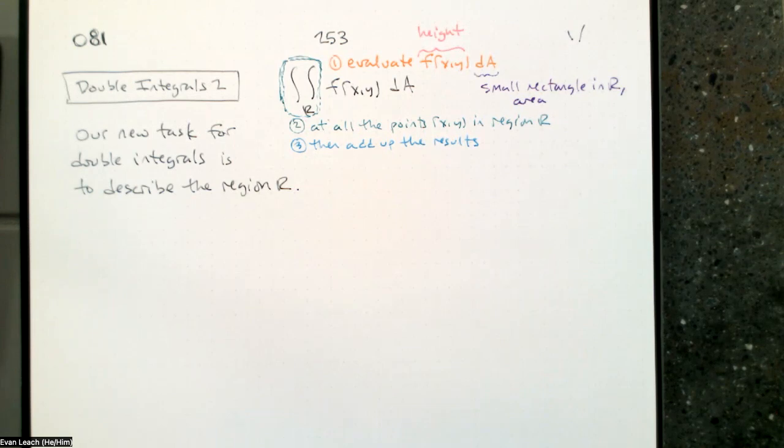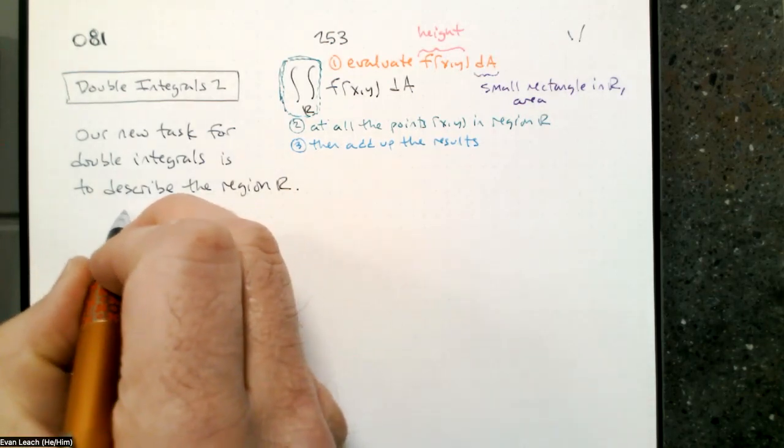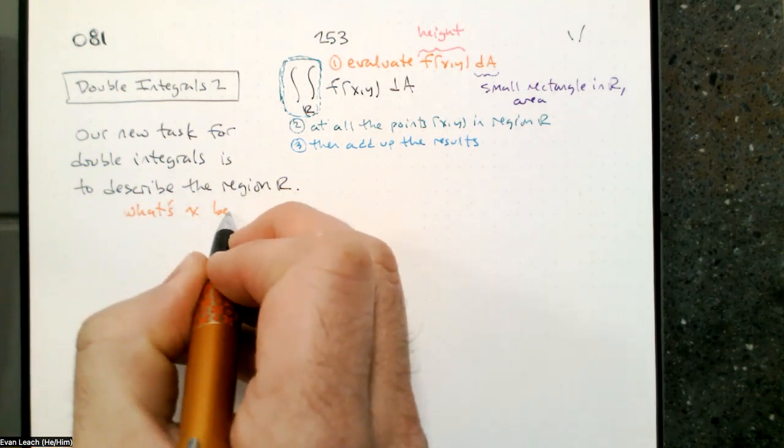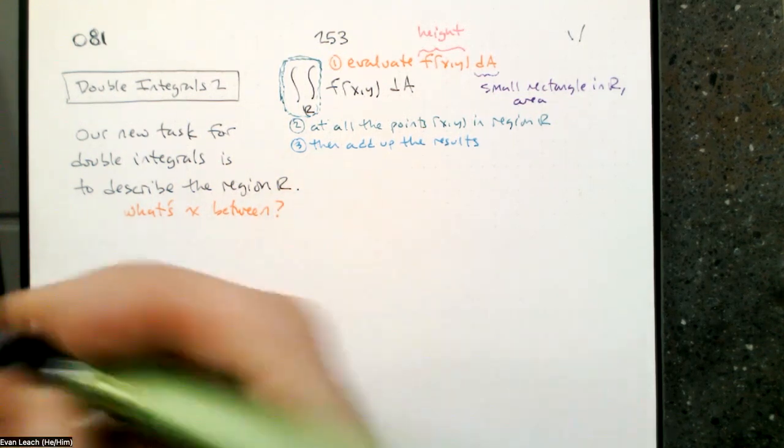The first way that we get to go about this is just take what we did before in an integral of a single variable function and say, what's x between? And just add to that. So to describe the region, we're just going to say, what's x between? What's y between? We're going to describe the region in intervals. We're going to say, what's x between? And then we're going to say, what's y between?